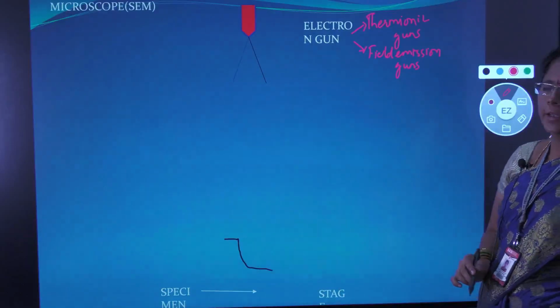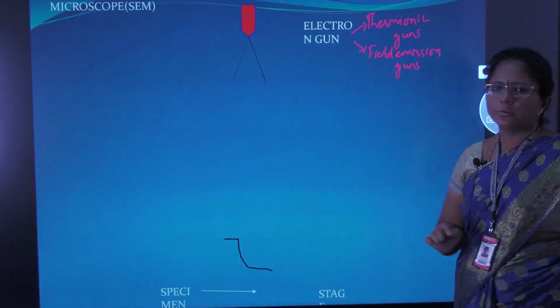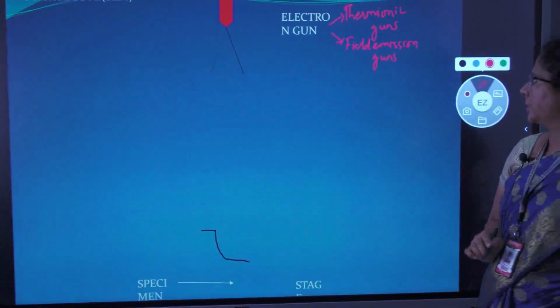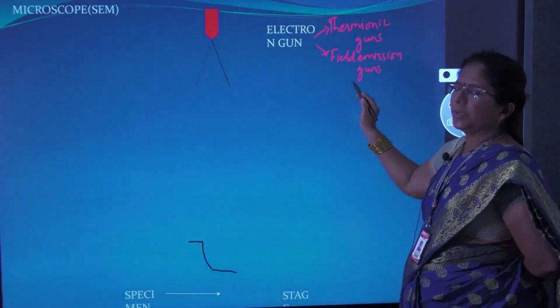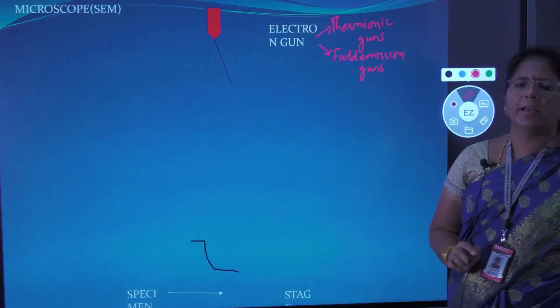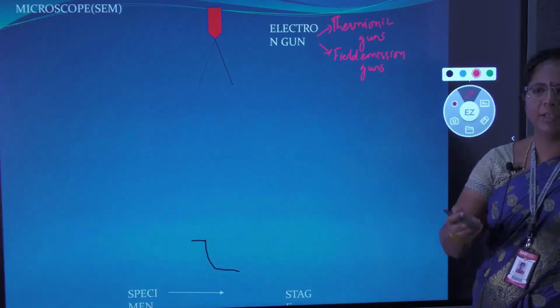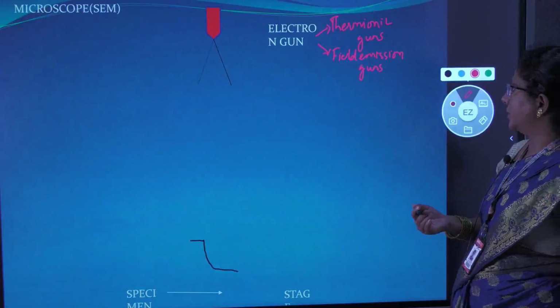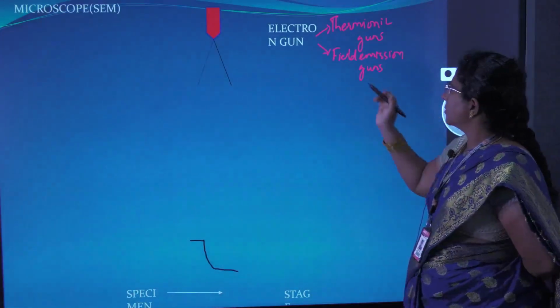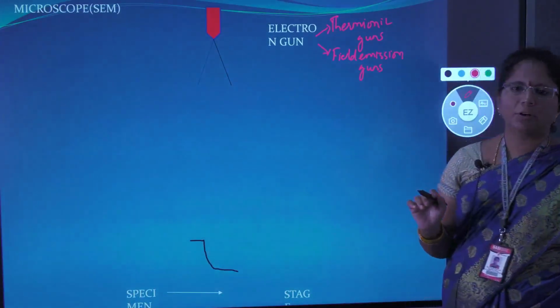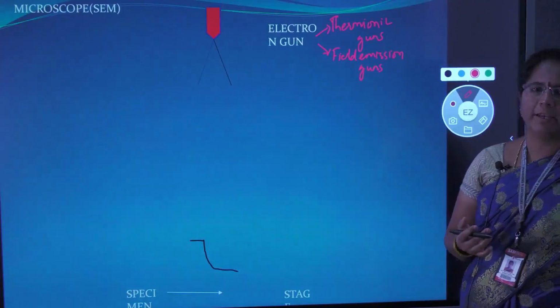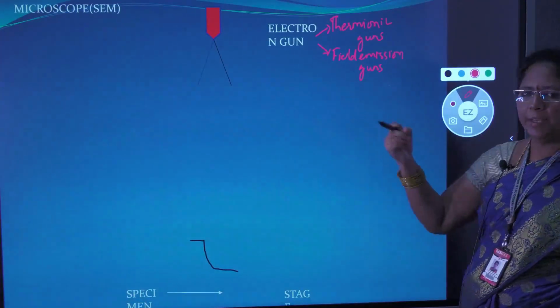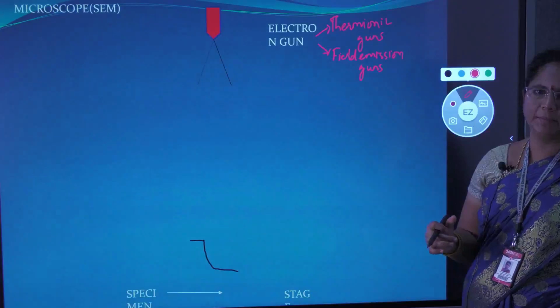In thermionic guns, tungsten will be used, which has a high melting point. Field emission guns produce a high electric field so that it will be able to pull the electrons from the specimen they are associated with. So in field emission guns, they produce a strong electric field and fire a beam of electrons onto the specimen.